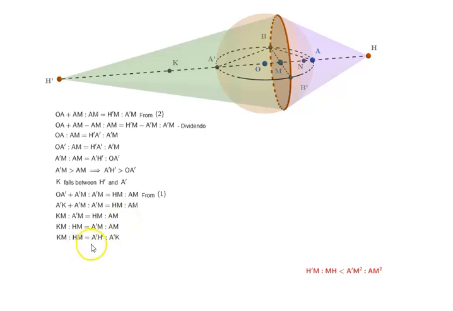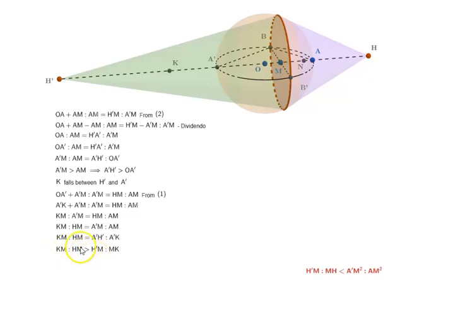KM is to HM is equal to A prime H prime is to OA prime, but OA prime is equal to A prime K. So KM is to HM is equal to A prime H prime is to A prime K. So now if we substitute this A prime H prime is to A prime K by H prime M is to MK, this equality becomes inequality.